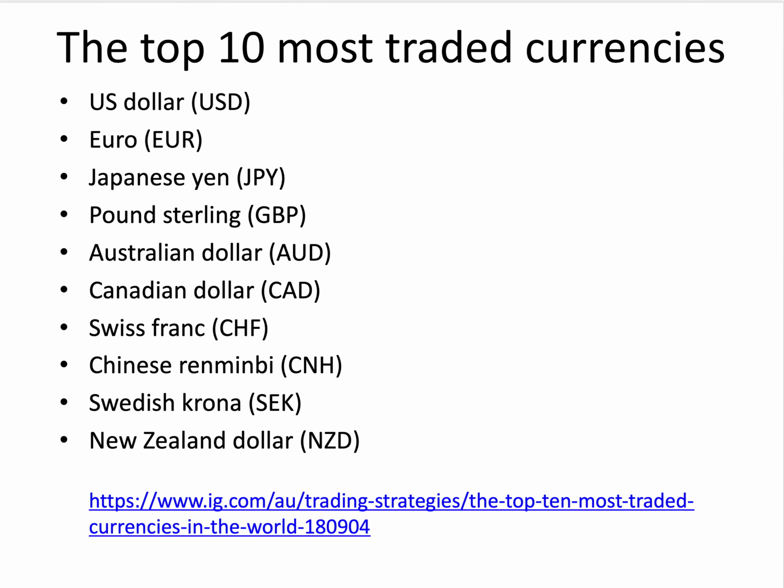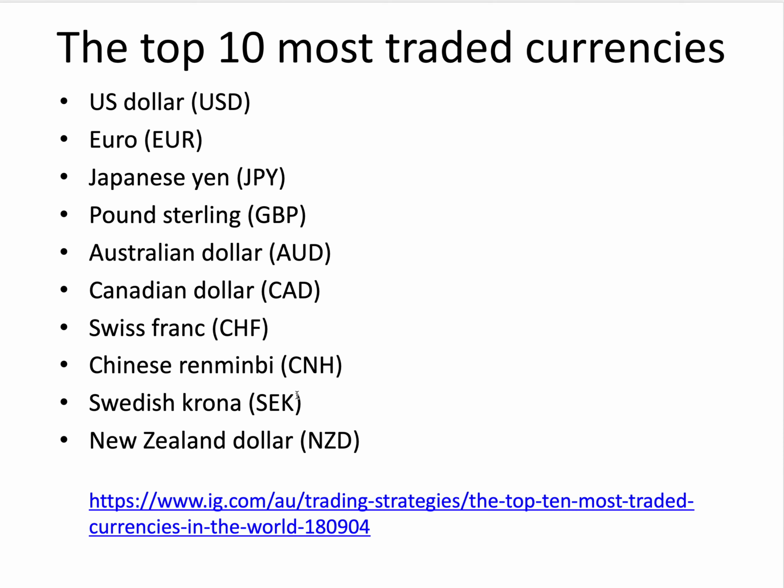Among the 10 most traded currencies are the US dollar, euro, Japanese yen, British pound, Australian dollar, Canadian dollar, and Swiss franc. The franc's symbol is CHF. The Chinese renminbi or Chinese yuan is CNH, or CNY, for offshore trading, where there's a difference.